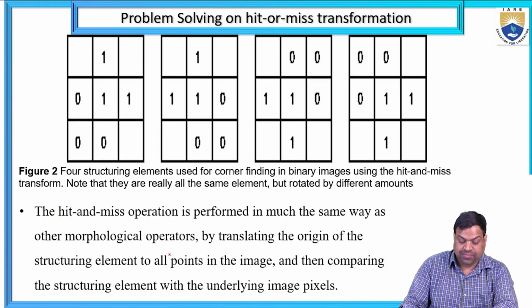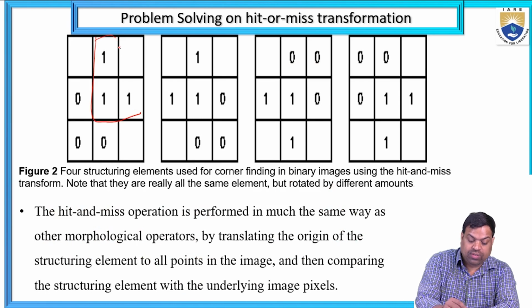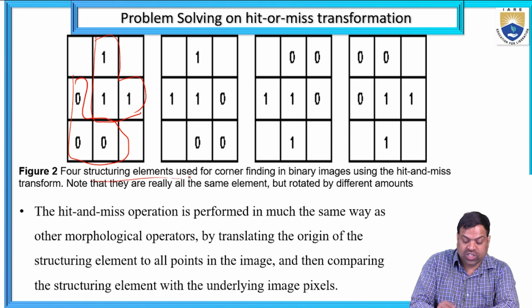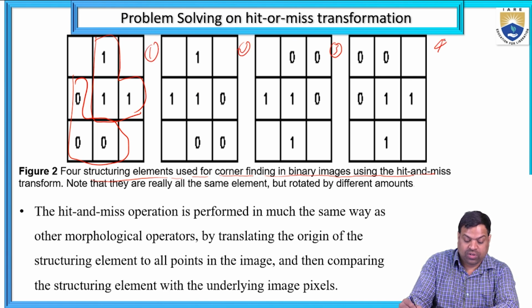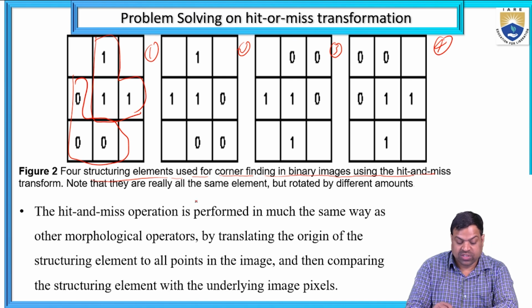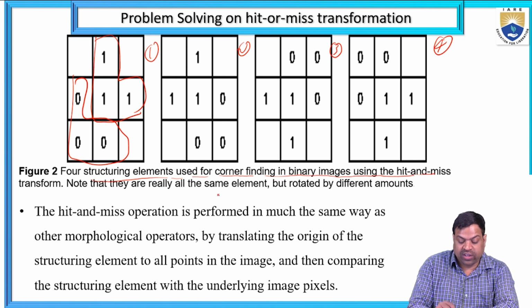So there are 4 structuring elements used for corner finding of the binary image in the hit and miss. Note that they are really all the same element but rotated by different amounts.